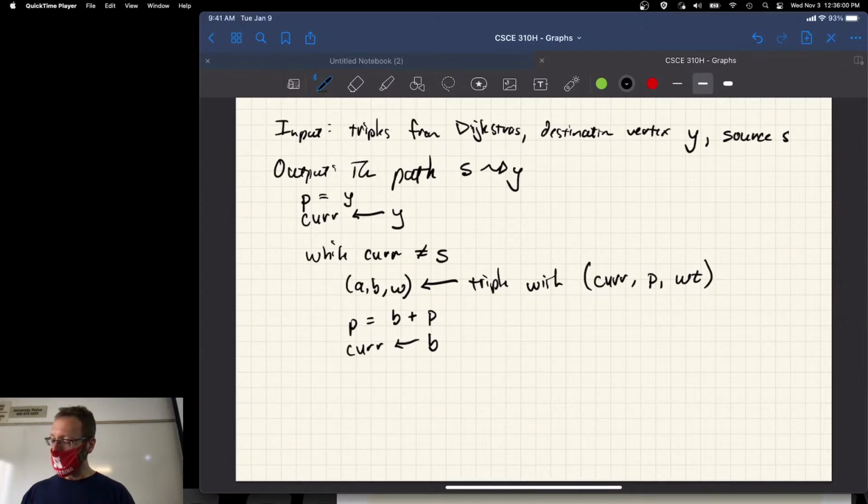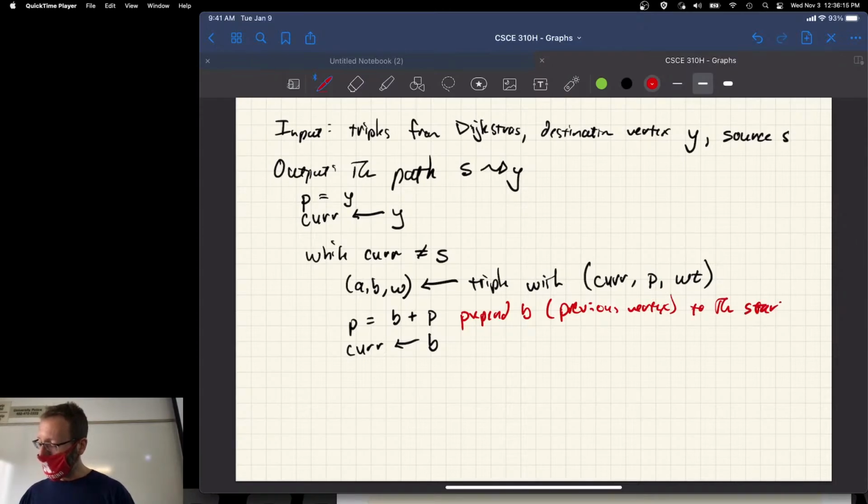So do you see this? Let me annotate this. I will prepend B, the previous vertex, to the start of your path. All right?